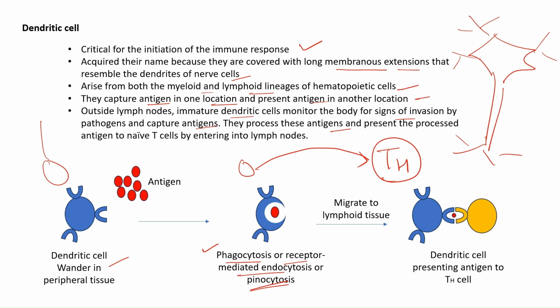And when this engulfment happens after binding with a receptor, that means if this is a dendritic cell and receptors are present, the antigen will first bind with the receptor and then, along with the receptor, be taken inside the cell. That process is known as receptor mediated endocytosis. Then they will migrate to the lymphoid tissue to present the antigen to the Th cell. That's why it is said they capture the antigen at one position and deliver it at another position to the T cell.